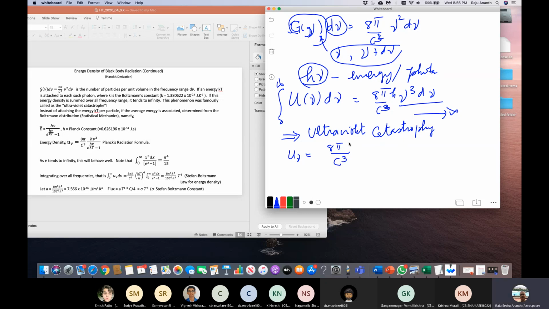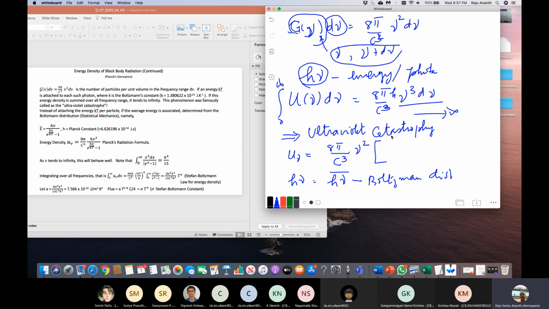So instead of, this is nu square. So instead of h nu, suppose I'm just doing an average h nu. This average h nu was determined using Boltzmann's distribution. What does that mean?